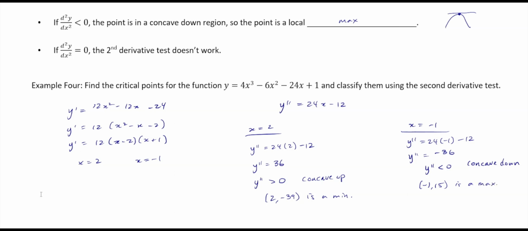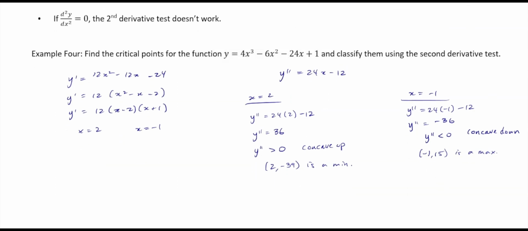So at -1, the function is concave down, but -1 makes the first derivative equal to 0, so it is a maximum. Now, this is a cubic function, and cubic functions can only have a local maximum or minimum because they go towards positive infinity and negative infinity. So this one right here is a local min, and this one right here is a local max.